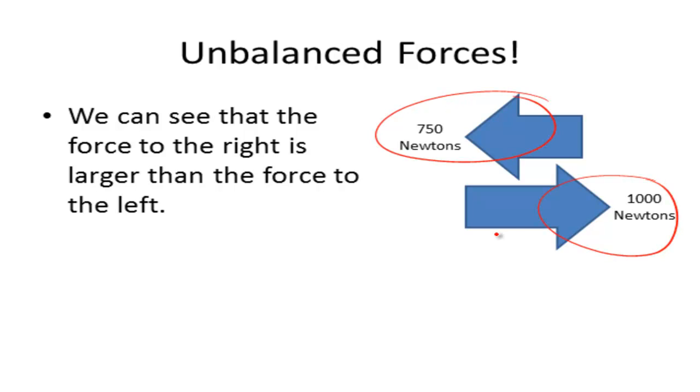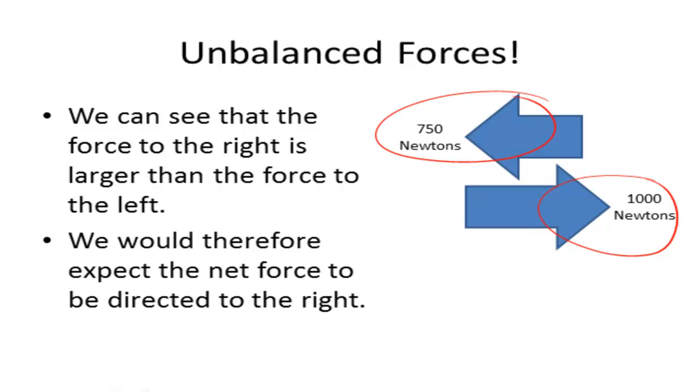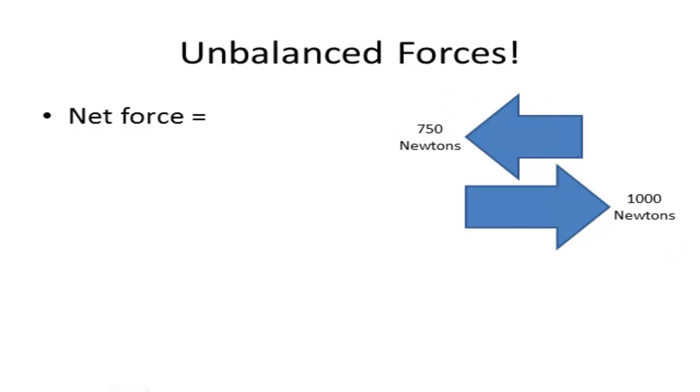And we can see that the force to the right is larger than the force to the left. So we would therefore expect that when we add these forces up to arrive at our net force, we would expect that net force to be directed to the right, because there is more force in that direction than what there is to the left.